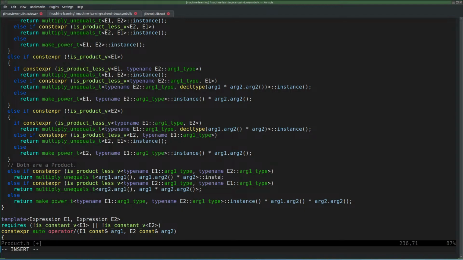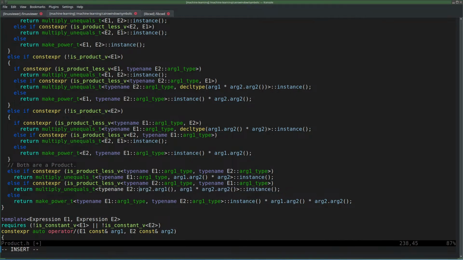We need an instance in both cases. For the return, then this is typename E1 arg1 type, and this is typename E2 arg2 type.